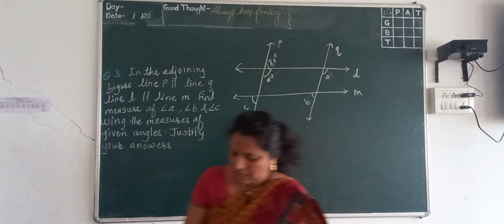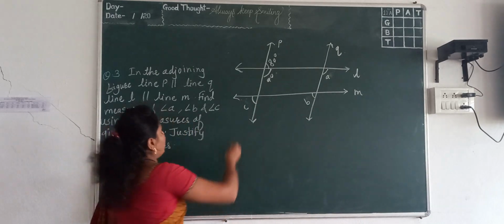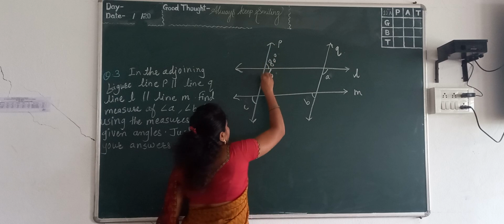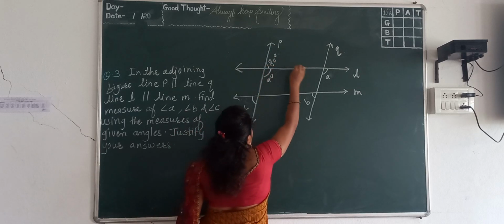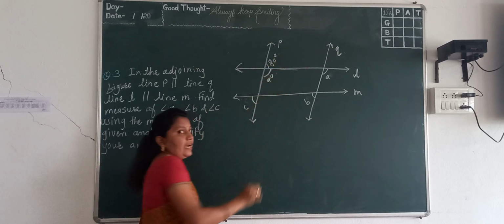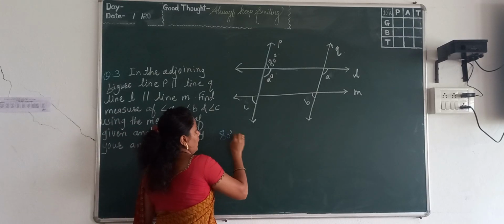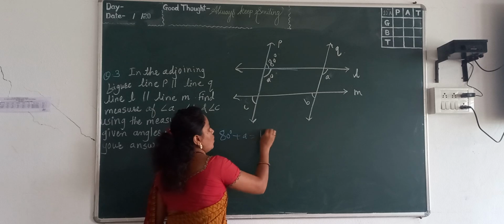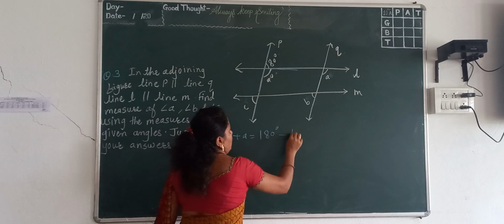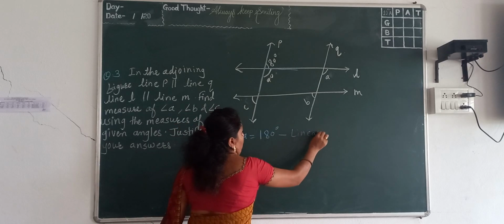Then see the figure. This is 80 and A, it is a linear pair. 80 degrees plus A is equal to 180 degrees because of the linear pair.